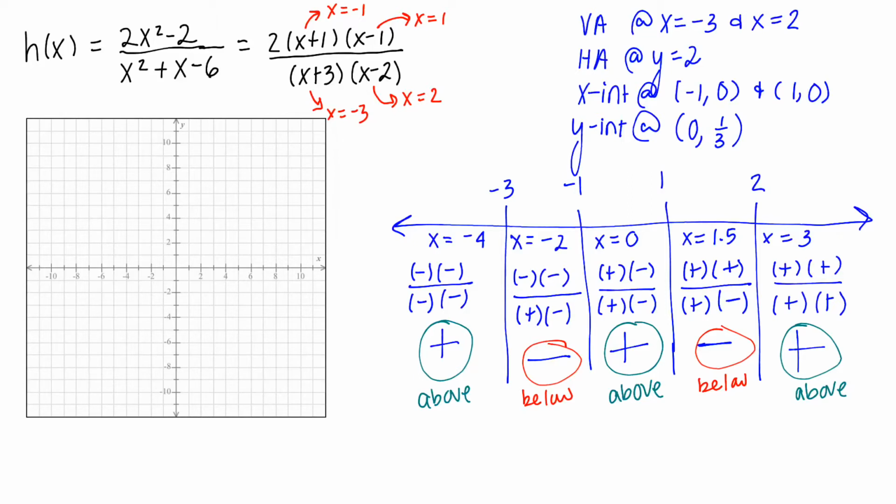So we'll start with -3. We have a vertical asymptote at -3. Then we have another one at +2. There is a horizontal asymptote at y = 2.